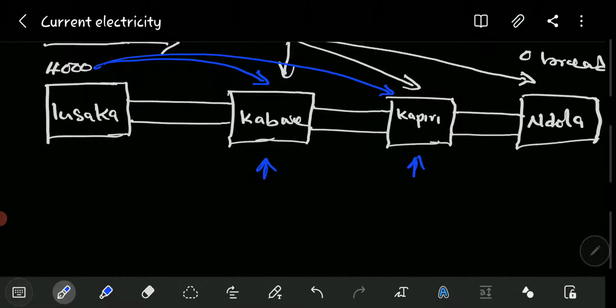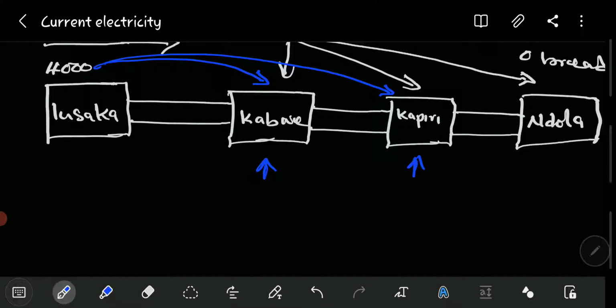So if the population of Kabwe is bigger than the population of Kapiri, more loaves will be sold in Kabwe than in Kapiri. So demand actually dictates how much bread is sold in each and every town.